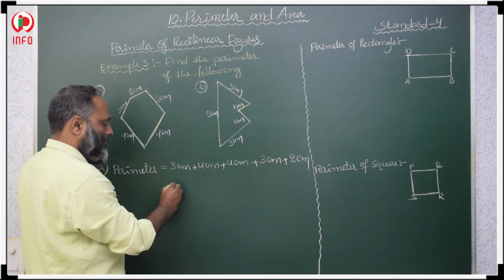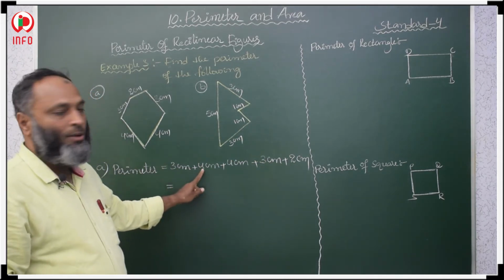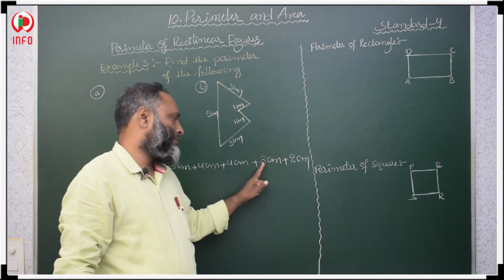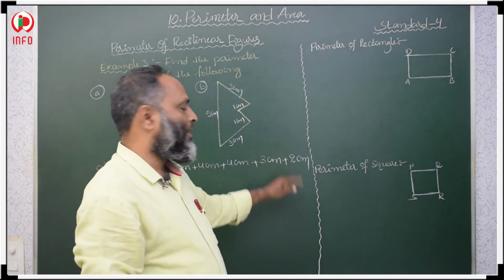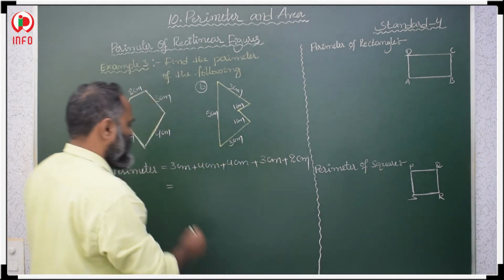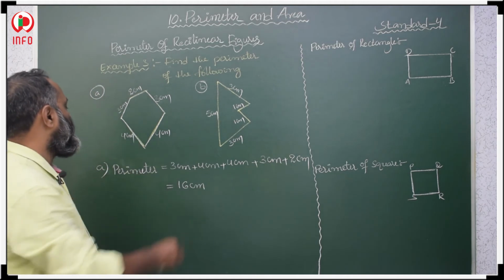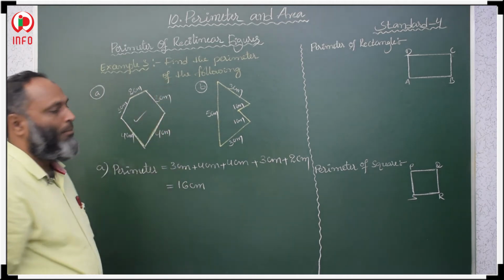Now add: 3 plus 4 is 7, 7 plus 4 is 11, 11 plus 3 is 14, 14 plus 2 is 16 centimeters. This is our first figure's perimeter.